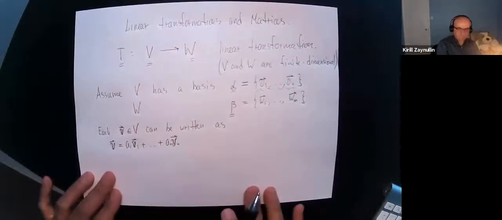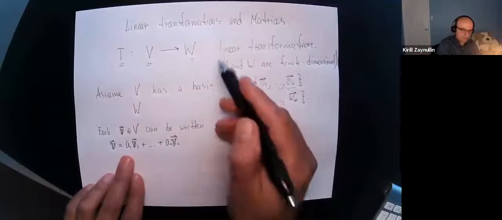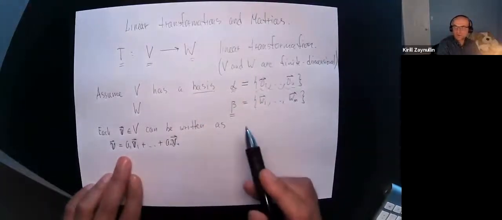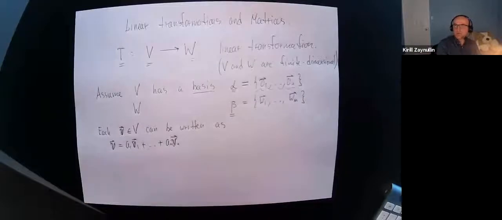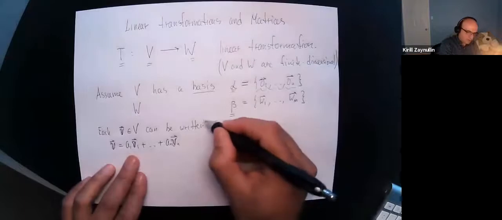Moreover, since this is a basis, this expression is unique. We already have seen that whenever you fix a basis, any vector can be written in a unique way as a linear combination of the vectors from the basis.